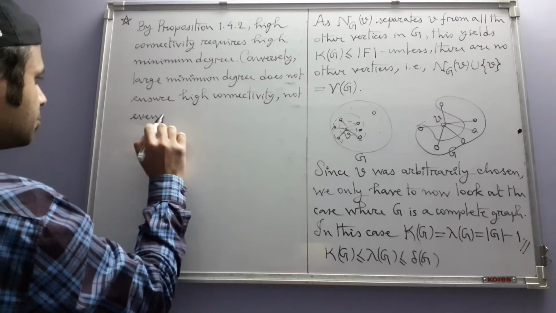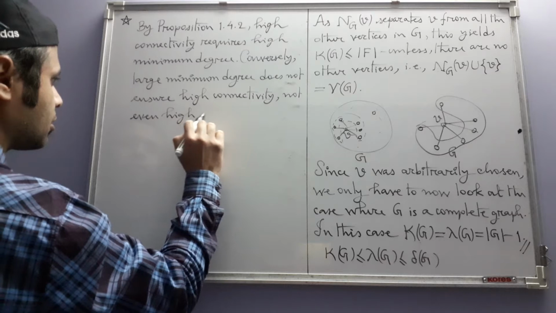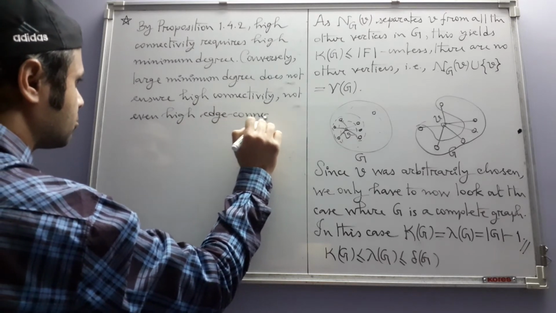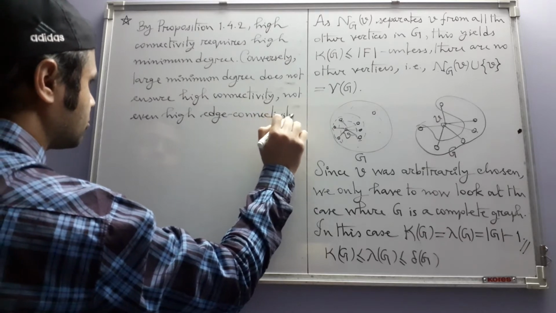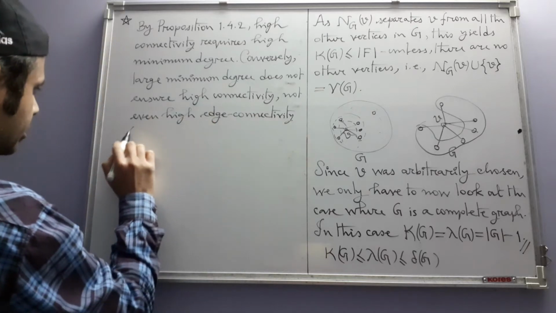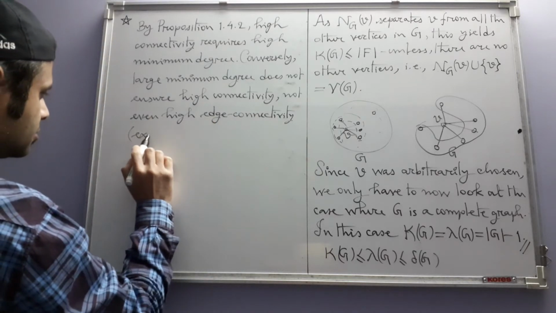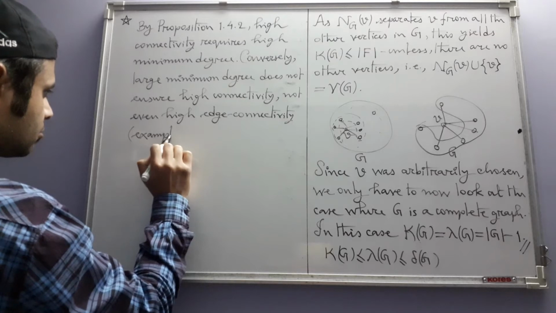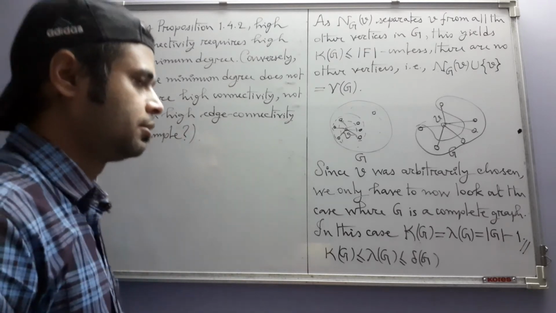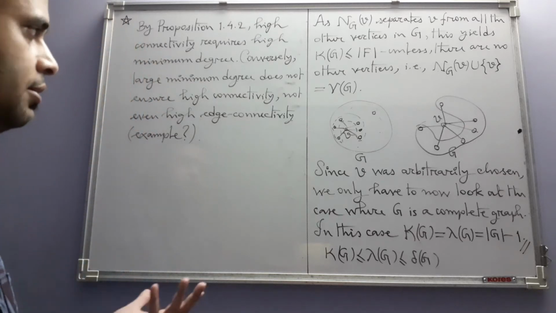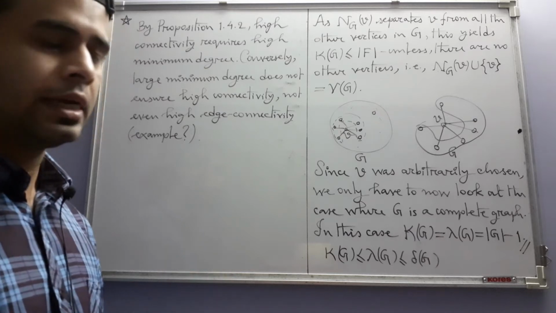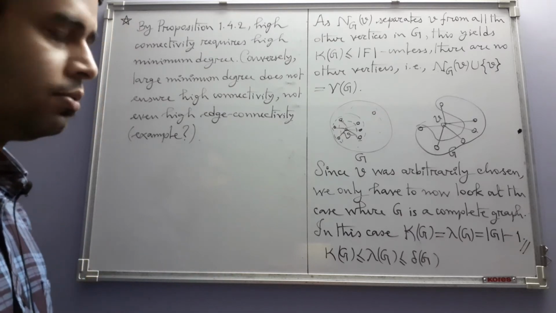Not even high H connectivity. The author in the text writes this example. What sort of example shows that we can have high minimum degree in a graph whose connectivity as well as H connectivity is very low?